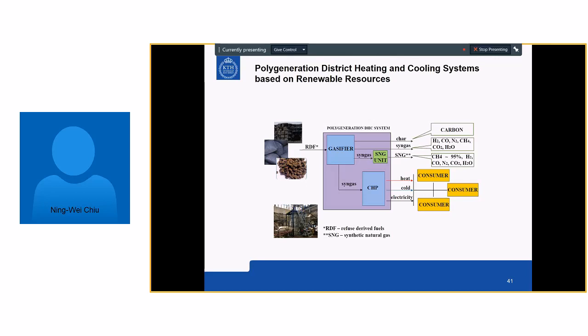So synthetic natural gas has methane as the predominant gas, and then syngas is more of a blend. We can use the heat to drive cooling, to produce cooling for the district cooling network. And then we can also run a heat pump, for instance, from electricity produced, to generate heating and cooling. So that's what polygeneration is about.